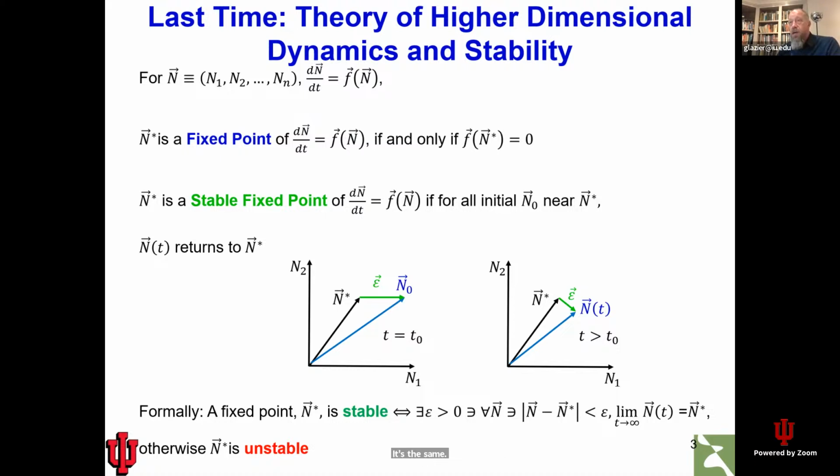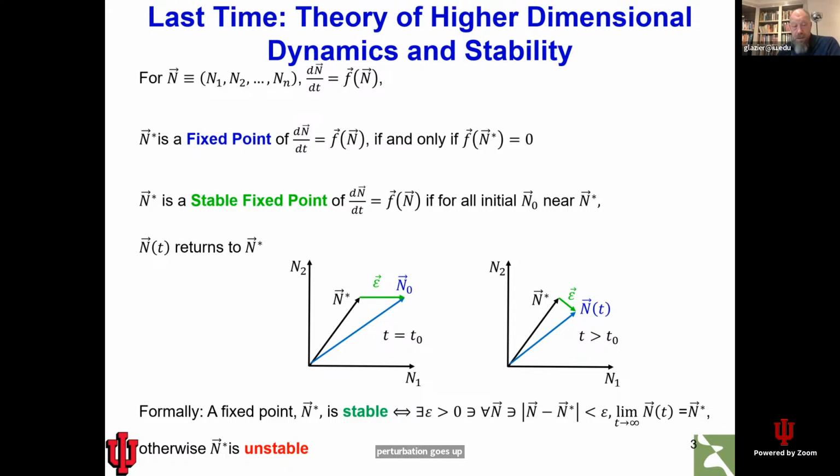But you have to generalize the concept of a perturbation and say that for all perturbations that are sufficiently small, the amplitude of the perturbation goes down if you want to have a stable fixed point. And for at least some perturbations, the amplitude of the perturbation goes up if you want to have an unstable fixed point.